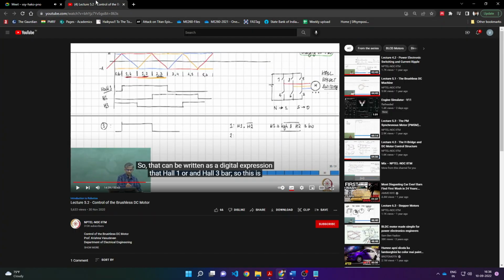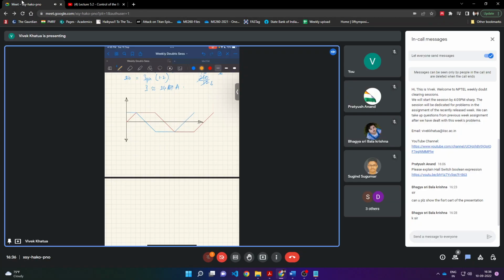Then we have yellow switching from here.